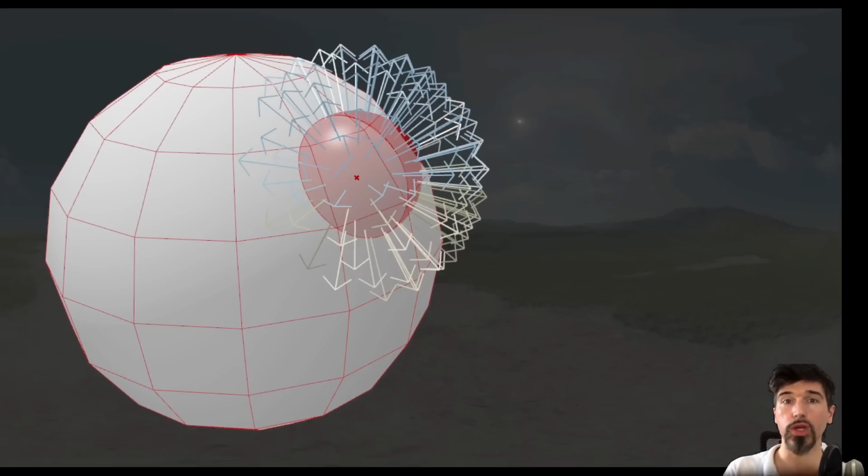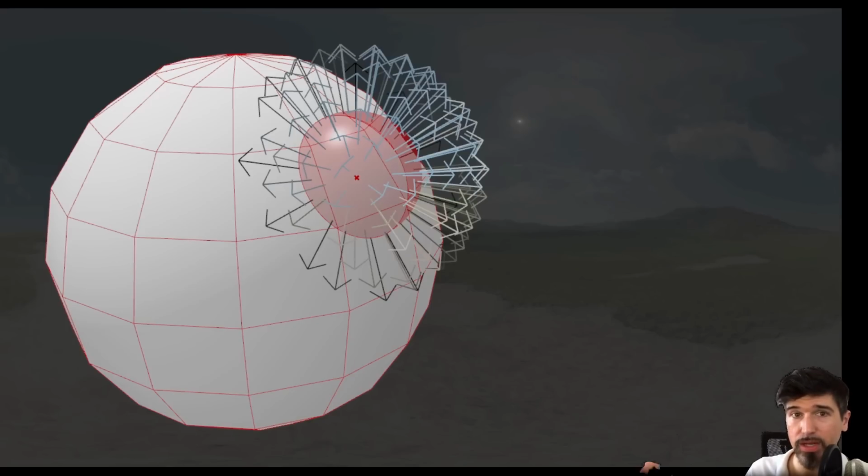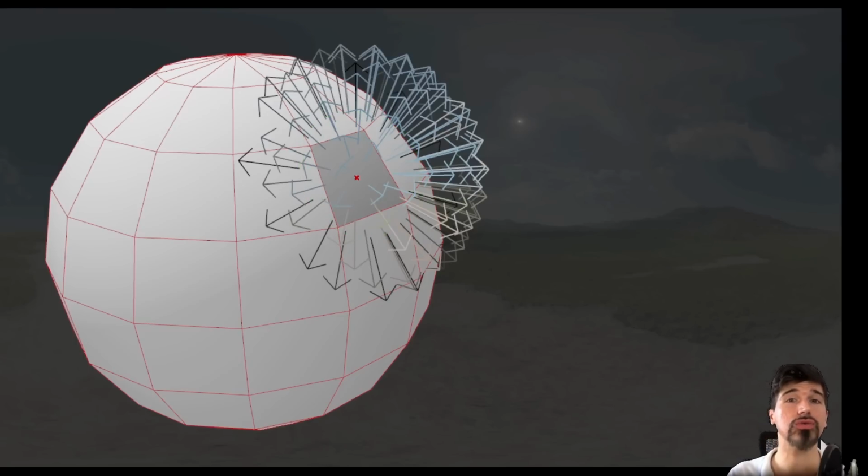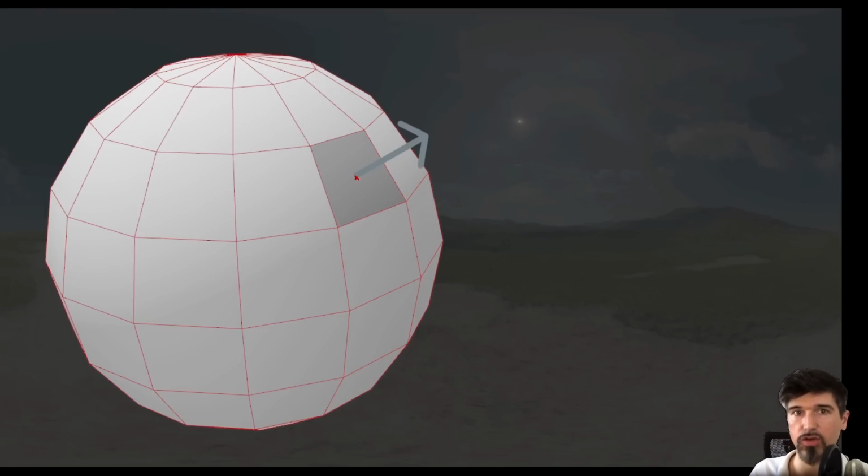For each sample, we retrieve the radiance, meaning light intensity and color, from that direction. And to simulate how much that lighting contributes to one surface, we apply a cosine weight by computing the dot product between the surface normal and the ray direction, which are both unit vectors. Once all the cosine weighted samples are collected, we average the results to get a single irradiance value for that direction.